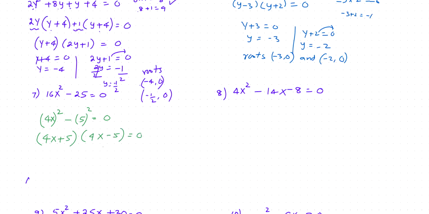So 4x plus 5 equals to 0. So 4x equals 0 minus 5. Now divide by 4. So x equals negative 5 upon 4.